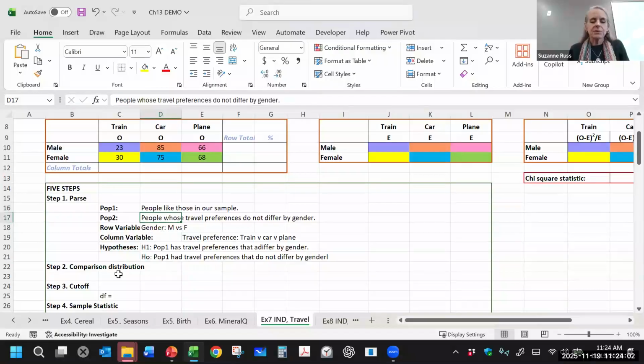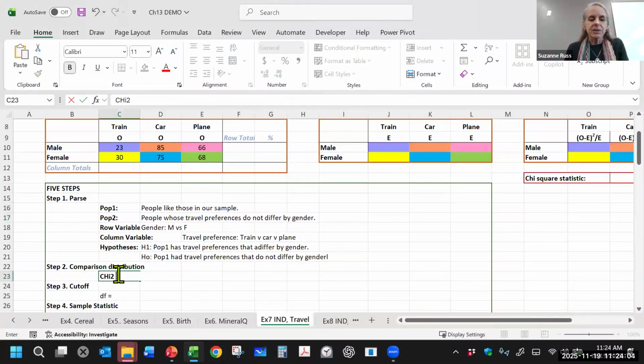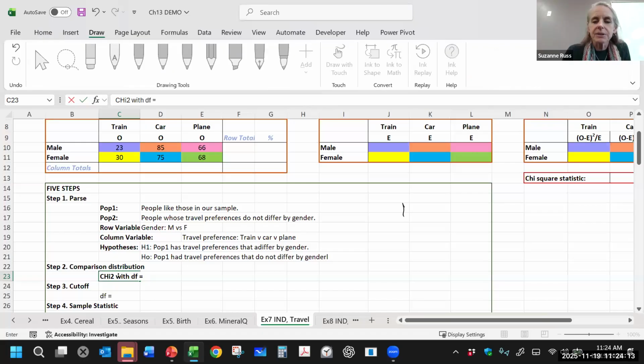Our comparison distribution is our chi-square distribution with DF equals what? I'll rewrite the formula.